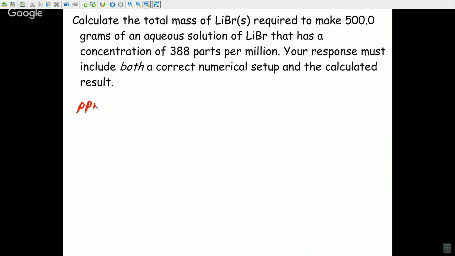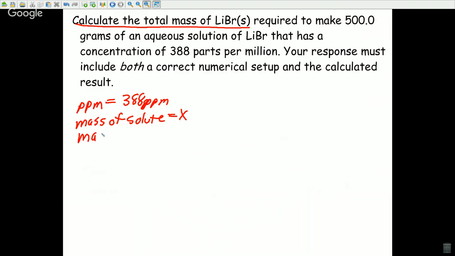So just taking an inventory of what we have, parts per million is 388 ppm. The mass of the solute, which is lithium bromide, is what I'm actually looking for because it says calculate the total mass of lithium bromide. And the mass of the solution is 500 grams.